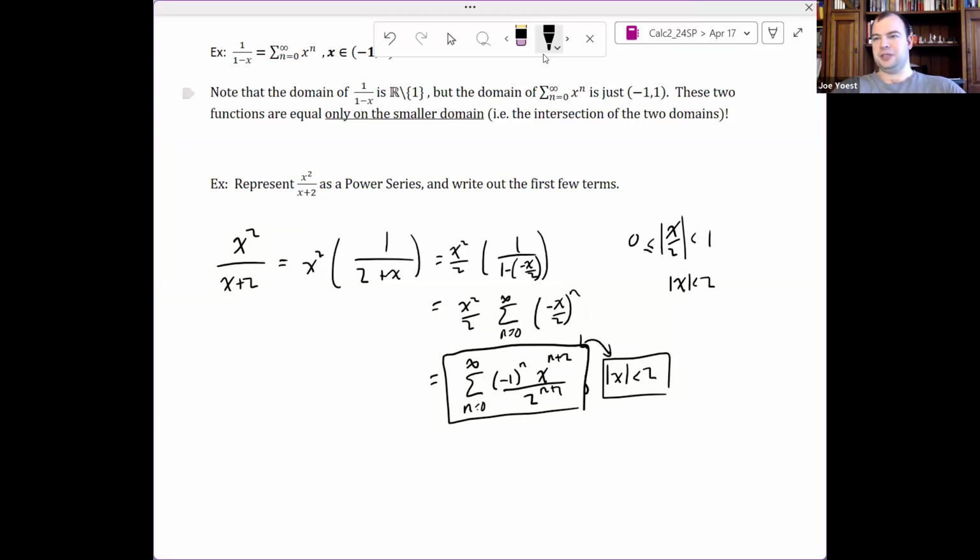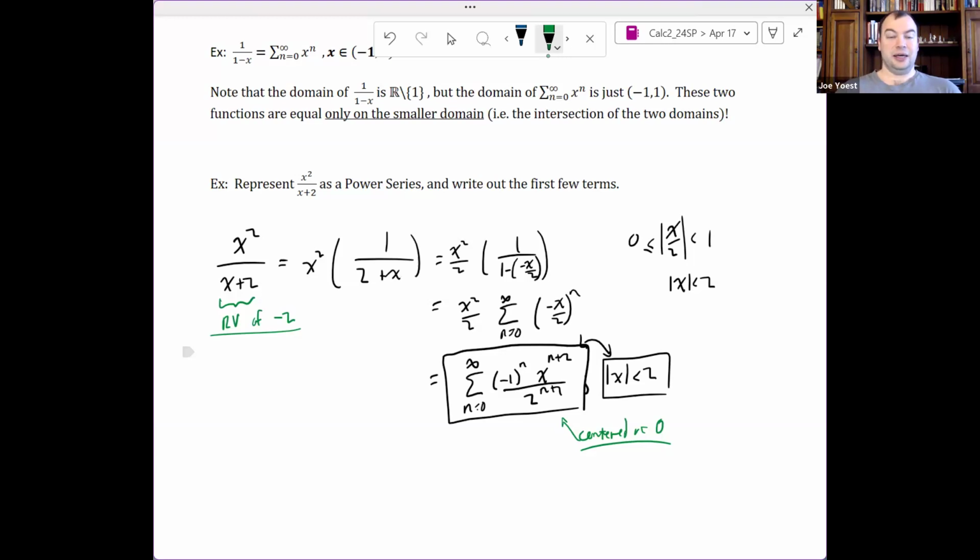Note that this kind of makes sense, right? This is centered at 0, and this thing blows up at -2. It has a restricted value of -2. I mean, I can't converge at -2, and I'm centered at 0.